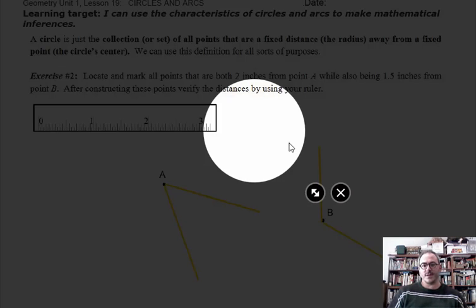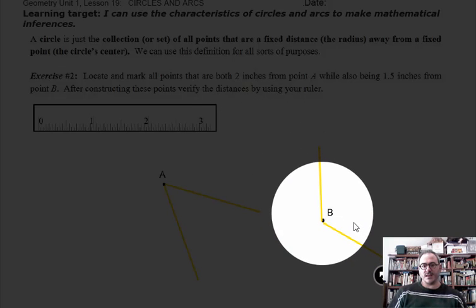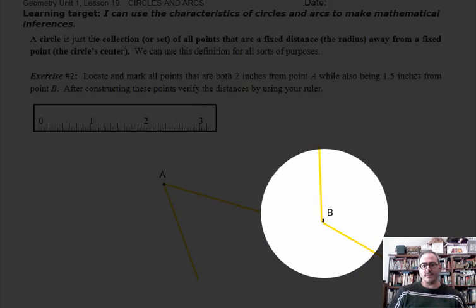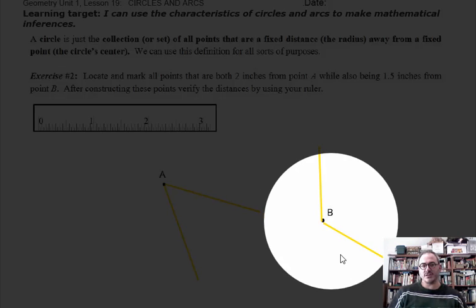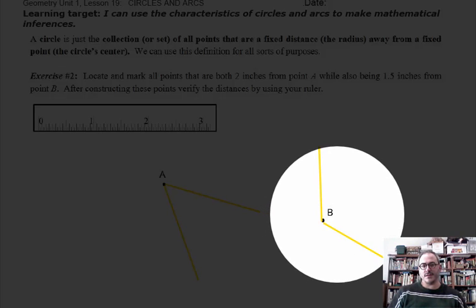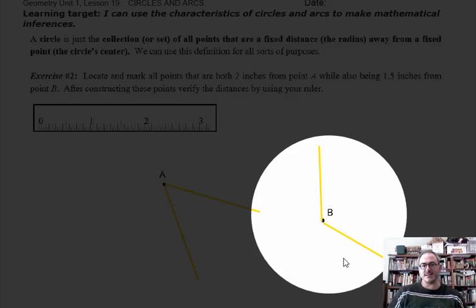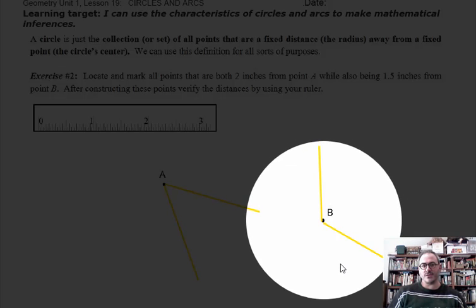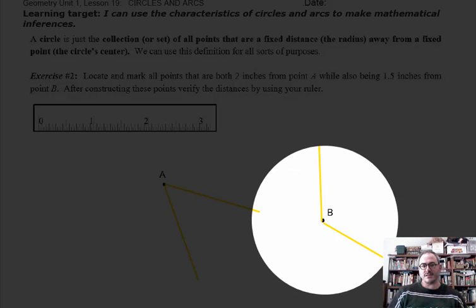B is the center, and my circle has to touch both points, B being in the center. I need to make my circle a little smaller. Right about there. Looks about good. So these are both 1.5 inches from point B.